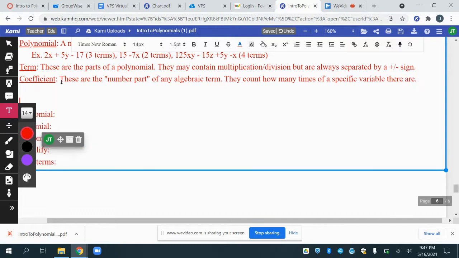An example of that is the weird one. It's going to be 5x. 5 is the coefficient of x. It is saying there are 5 x's. All right, so that's what coefficients are.